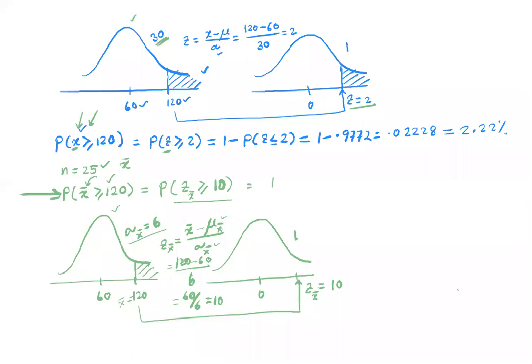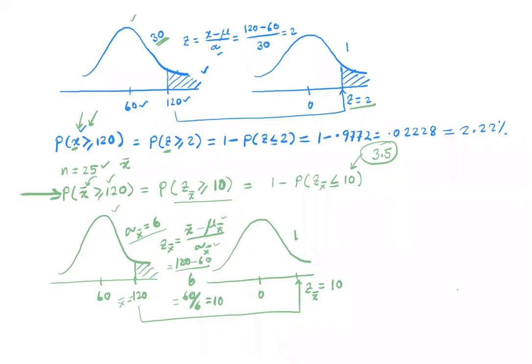Which is 1 minus the probability of Z sub X bar being less than or equal to 10. Now the standard normal distribution table just goes up to 3.5 standard deviations. You can imagine 10 standard deviations is way out there. The table does not even cover it.